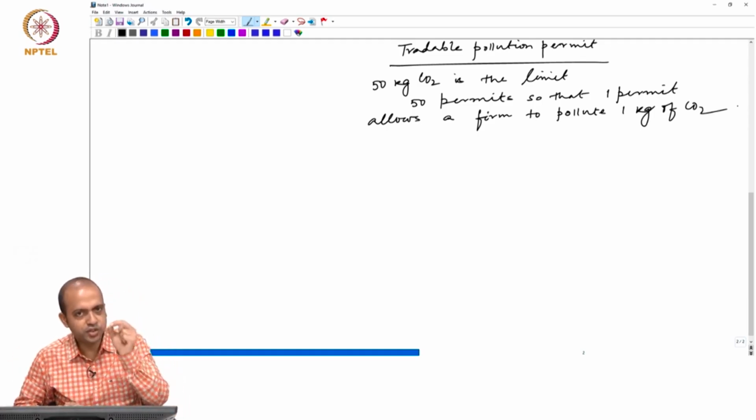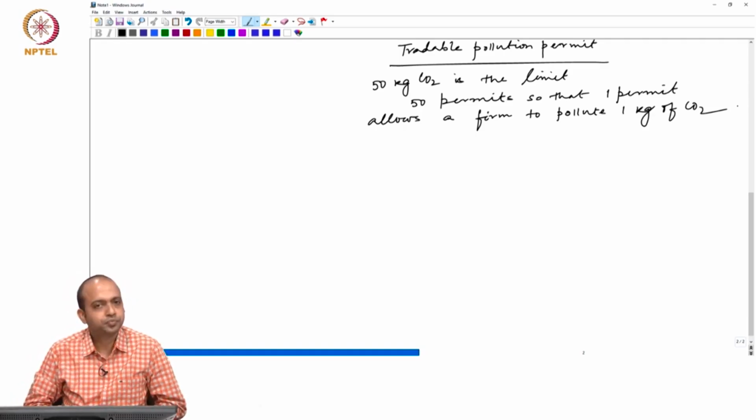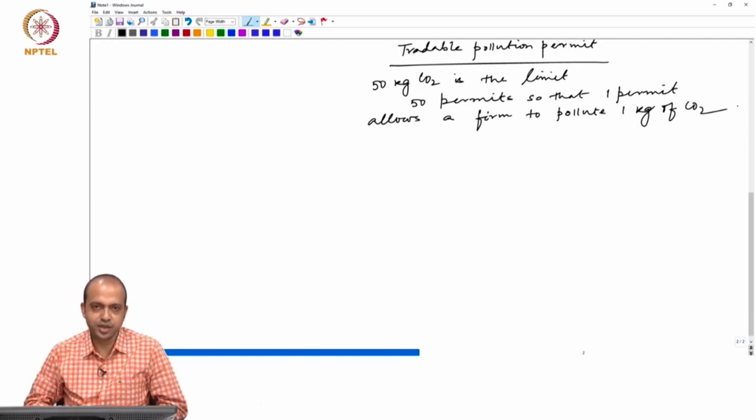So, one permit is equivalent to emission of 1 kg of CO2, right. These are the 50 permits that the policymakers have assigned in a given period of time, and then they will distribute them among the firms.